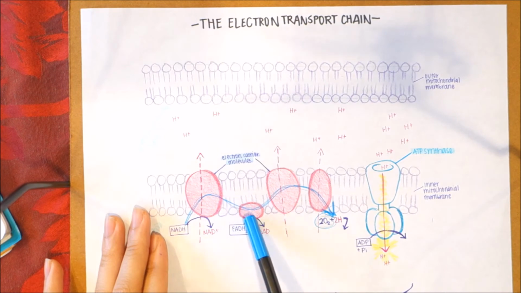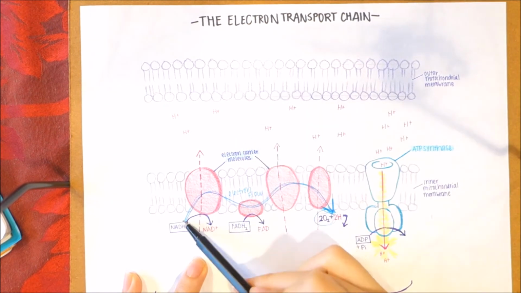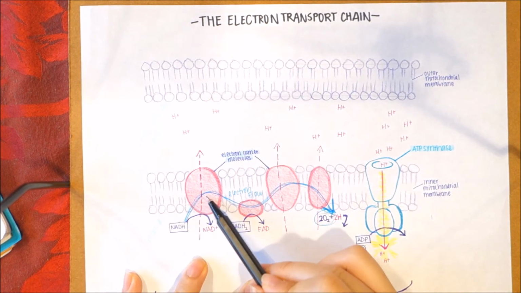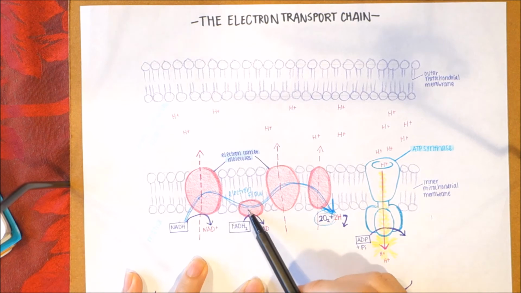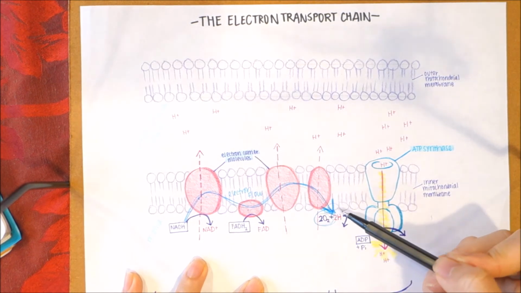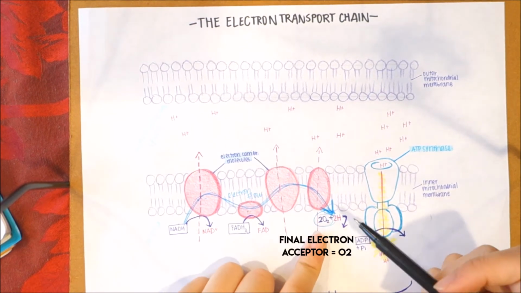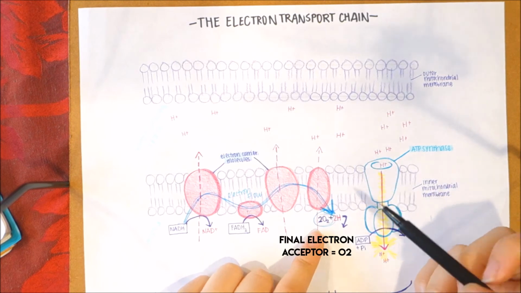They're transporting electrons from one carrier molecule to the next. This is the electron flow. Electrons get transported from this carrier molecule, then to this one, then to this one, and then to this one, and finally the electrons are all dropped off to the final electron acceptor, which is oxygen.